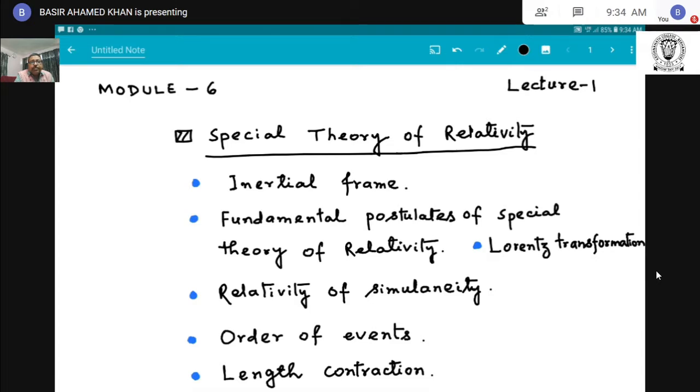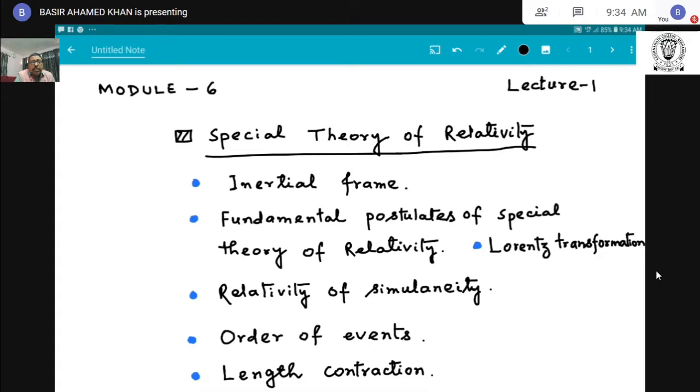Today, the first lecture of Module 6 on Special Theory of Relativity. Today I mainly discuss a few topics on Special Theory of Relativity.